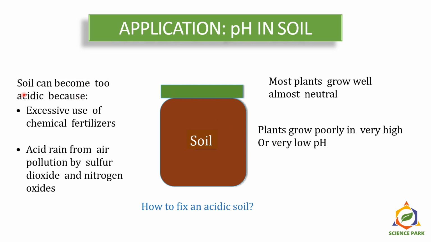Why does soil become too acidic? Because of excessive use of chemical fertilizers and because of acid rain. From the air, all the pollution by sulfur dioxide and nitrogen oxides goes into the soil and eventually the soil becomes acidic.